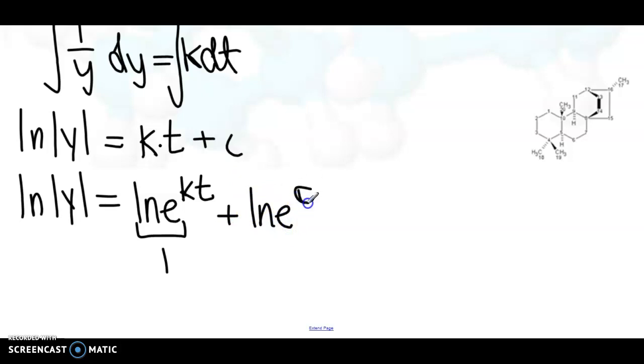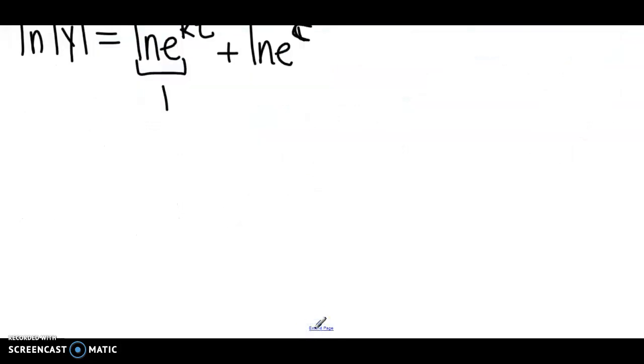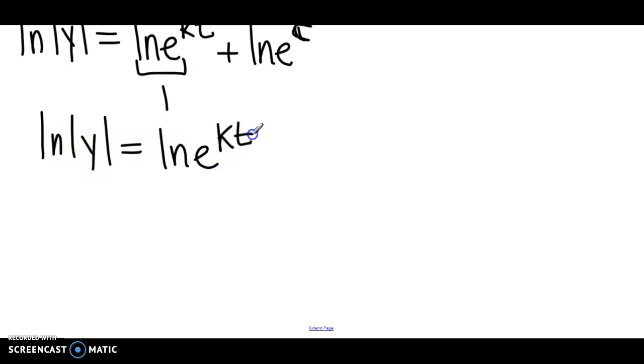And again, this is being done, class, to keep my equation balanced, and then I can use my rules of natural logs in order to combine these, because whenever we have addition between natural logs, that means it's really multiplication. So this becomes the natural log of e to the kt multiplied by e to the c using our rules of natural log.